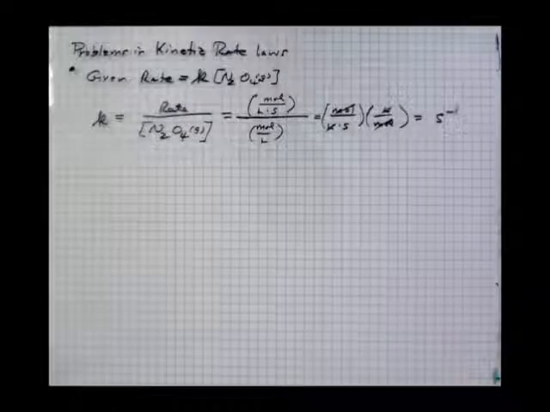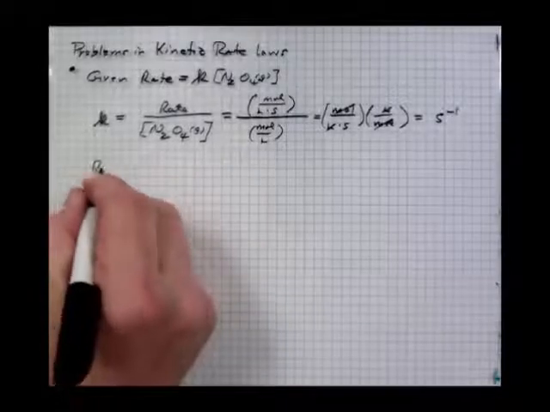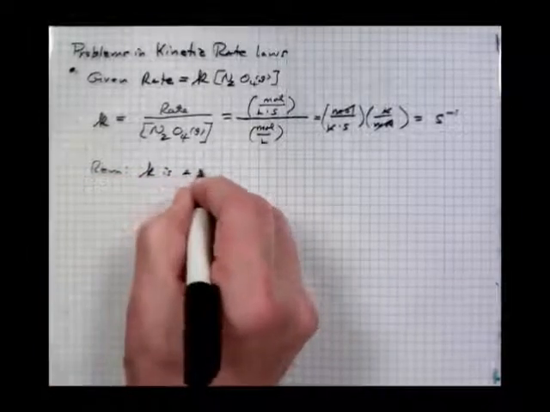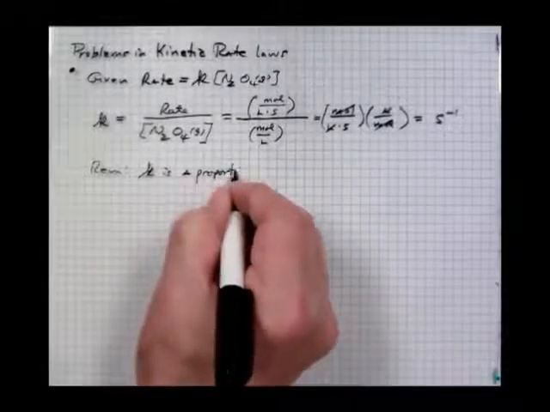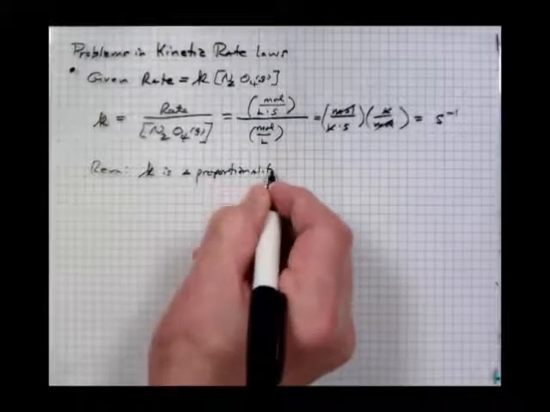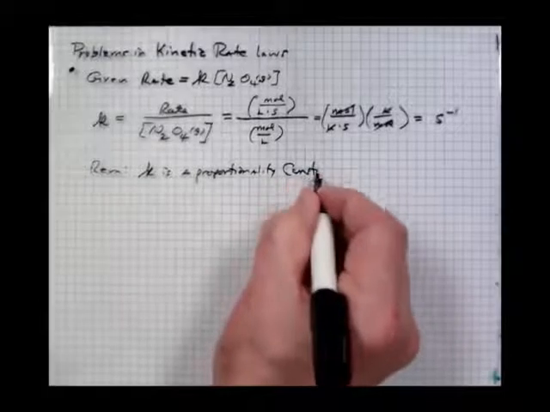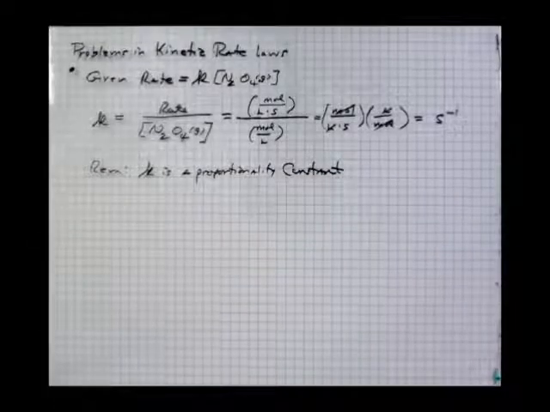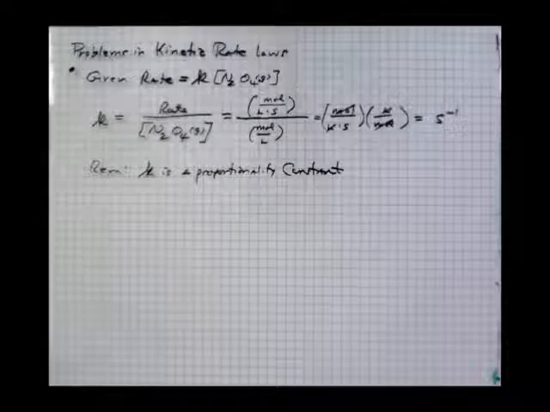Now the K value is a proportionality constant. And therefore, as a proportionality constant, it could have some weird outcomes.